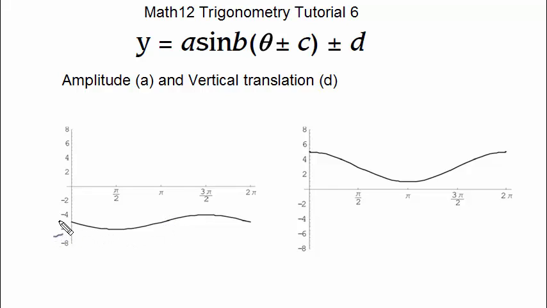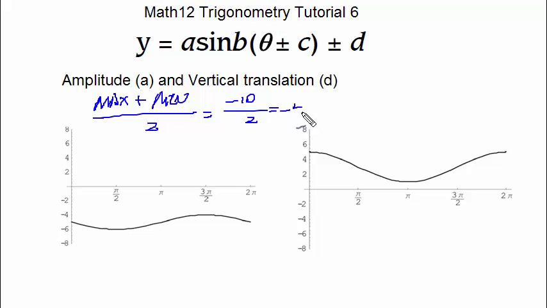Alright, so let's see. Our maximum point is -4. Our minimum point is -6. The maximum point plus the minimum point divided by 2 will be our vertical translation: -4 plus -6 is -10, divided by 2 equals -5.